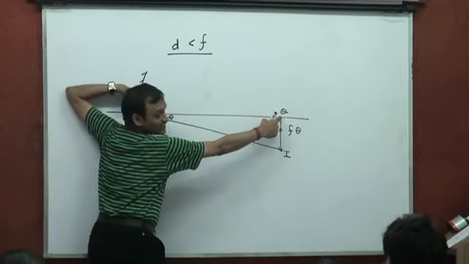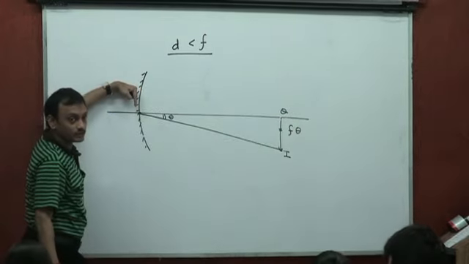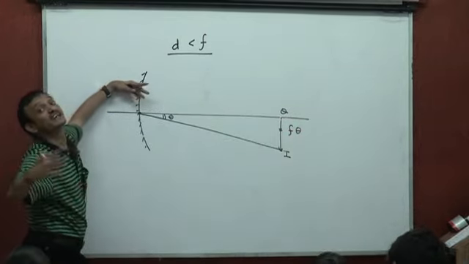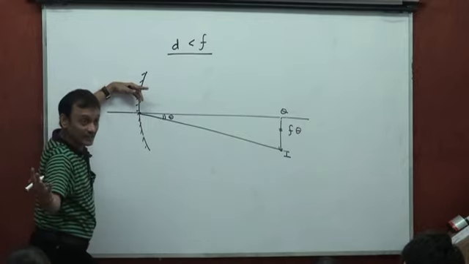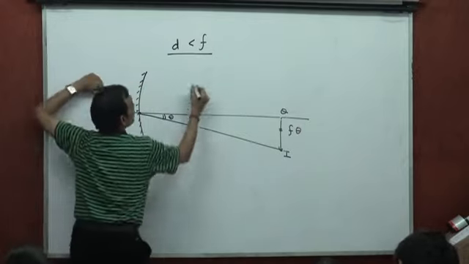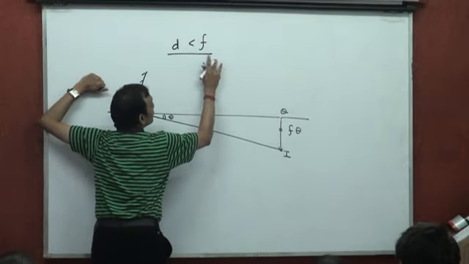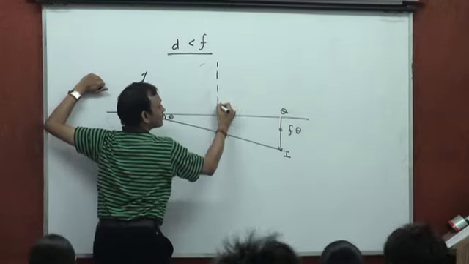Now I am assuming that f is greater than d. That means, let's say the plane mirror is somewhere here.